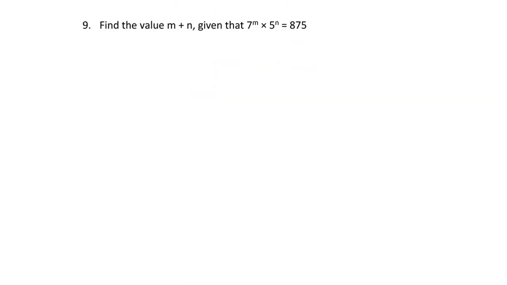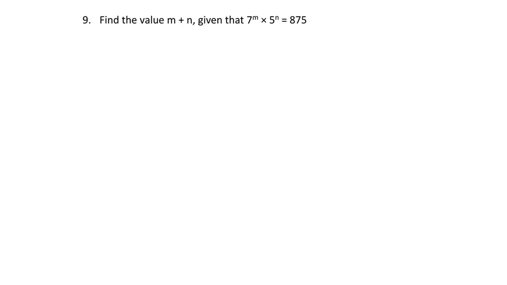Question number 9. Find the value m plus n given that 7 power m times 5 power n equals 875. So this is an exponential problem. First, let us express this 875 as a product of prime factors.